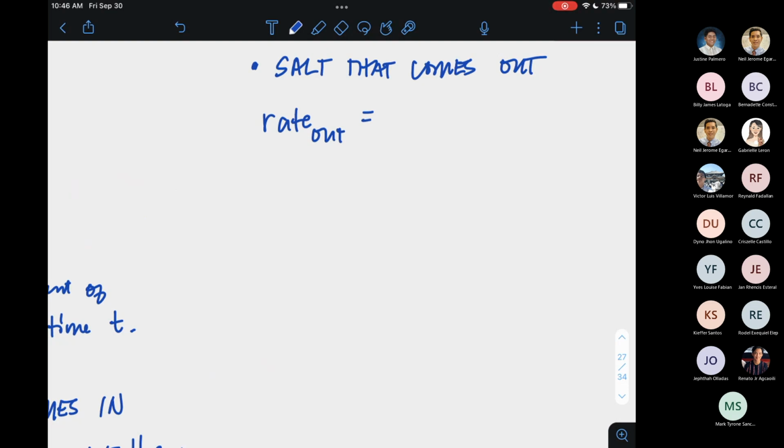Well, nagtatanggal tayo ng tubig at a rate of 1 gallon per minute. Pero dun sa isang galon na yon, ang laman niya na salt ay ilan? Ano yung multiplier ko dito?